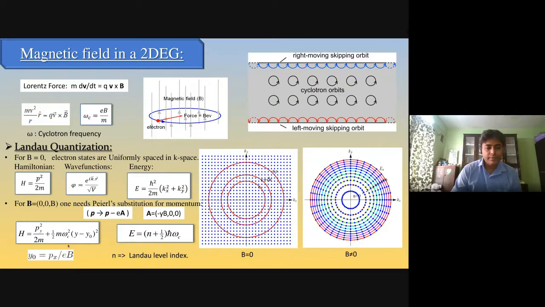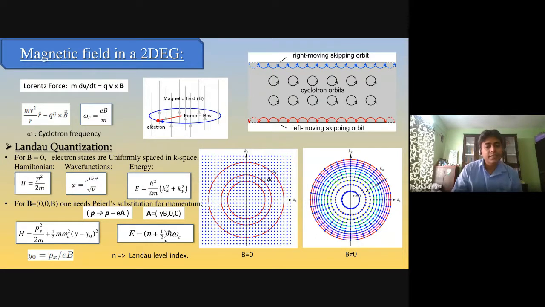Another thing to notice is that this y naught is actually given by px over eB, where px is the component of the momentum along the x direction. Because that's not a single value, it can have many values, so you can have many values for y naught, but for each one the energy will still be the same.